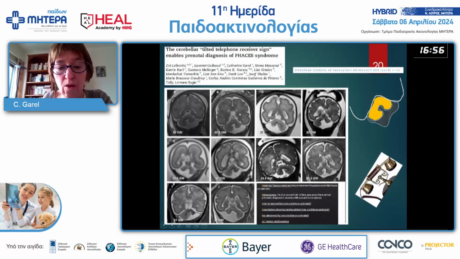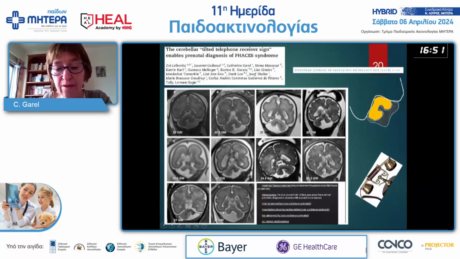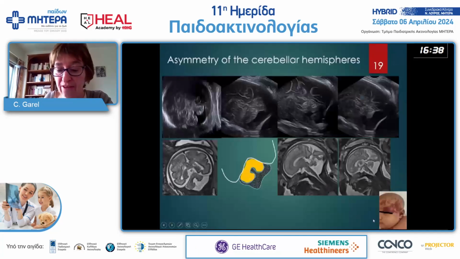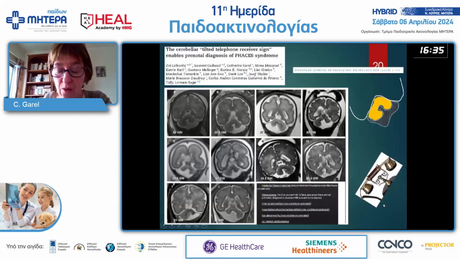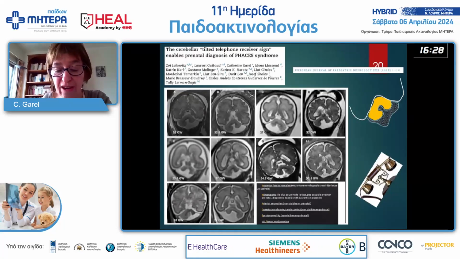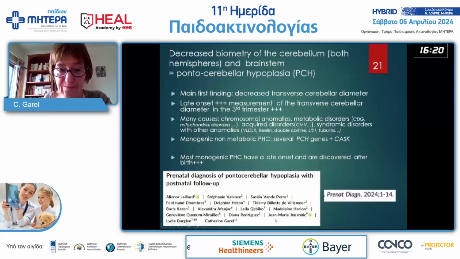And you can see that in all cases, the features of the cerebellum are the same, and it corresponds to PHACE syndrome, which is, as you know, characterized by anomalies of the posterior fossa, hemangioma that appear usually in the hours following birth, arterial anomalies that usually are not seen prenatally, coarctation of aorta or cardiac defect, and eye abnormalities.